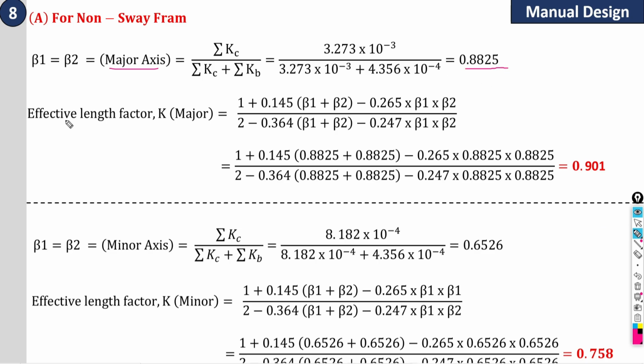Now the effective length factor for the major axis k, as given in your SP24, this formula has been given. If you implement this formula, you get the effective length factor as 0.901. And for the minor axis, the kb value will be the same as for non-sway, 4.356, but the kc value for the minor axis is going to change, as you can see here.